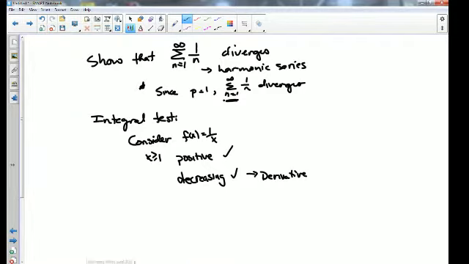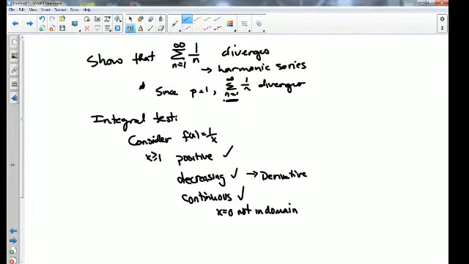All you have to say is the function is positive, decreasing, and is it continuous? Not at 0, but from 1 to infinity, yes. On your domain. Let's just note that x equals 0 is not in the domain.